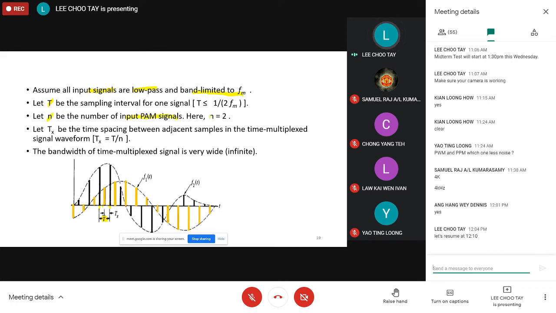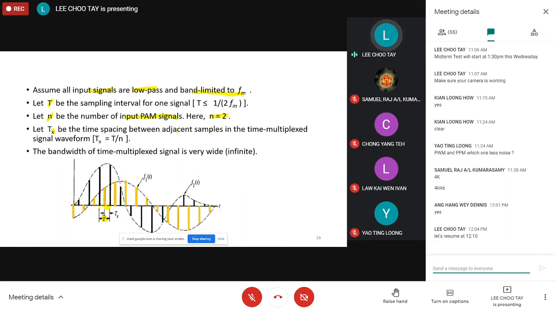In this case, we have 2. Our N is 2. Now let Tx be the time spacing between adjacent samples in the time multiplexed signal waveform. So what is Tx? Tx is the time spacing between 2 adjacent samples. This is your Tx.